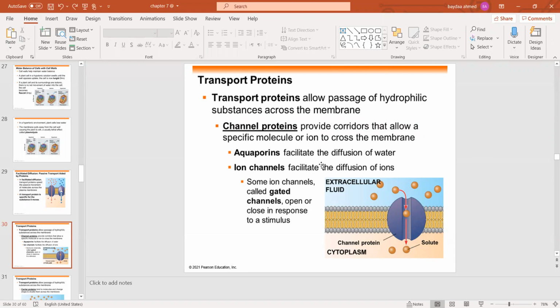Channel proteins simply provide corridors that allow specific molecules or ions to cross the membrane. The hydrophilic pathway provided by these proteins can allow water molecules or small ions to diffuse very quickly from one side of the membrane to the other.